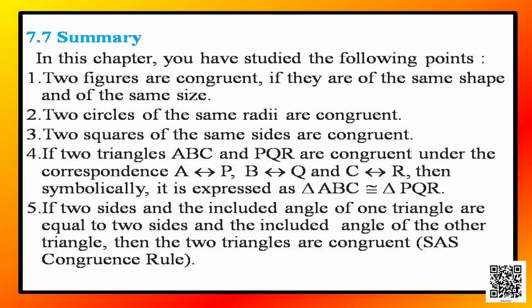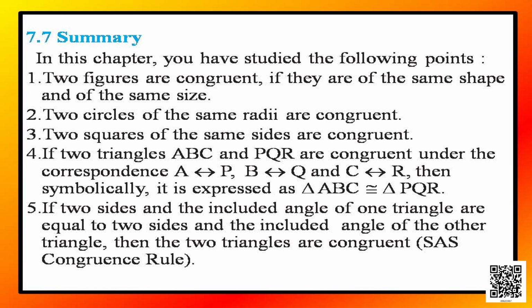Students, in this chapter, we have studied the following. First, two figures are congruent if they are of the same shape and of the same size. 2. Two circles of the same radii are congruent. 3. Two squares of the same sides are congruent. 4.